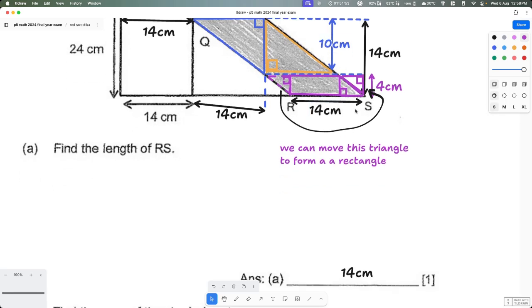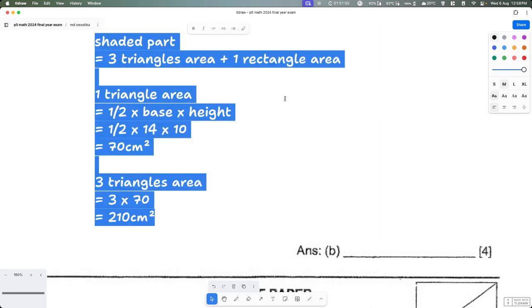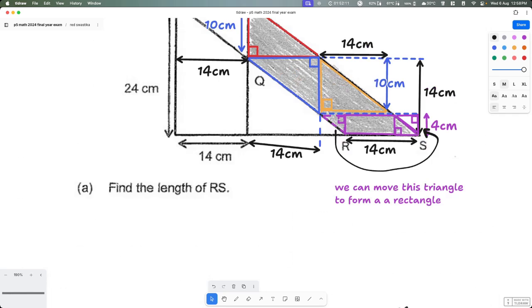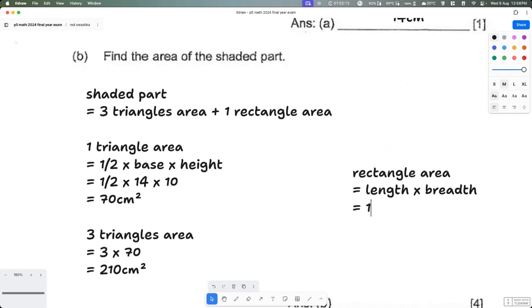So the length and breadth is 14 times 4. So I'm going to put here rectangle area. It is equal to length times breadth, which in this case is length is 14 and breadth is 4. 14 times 4, and this will give us 56 centimeter square.